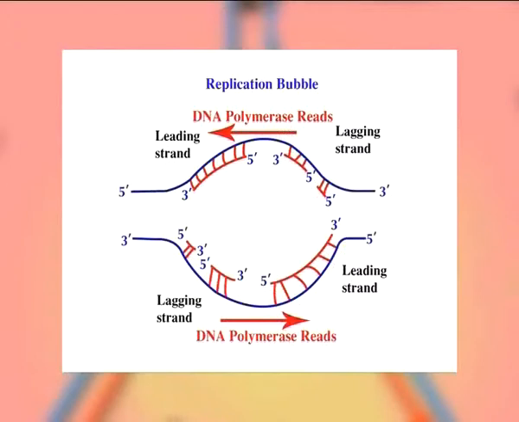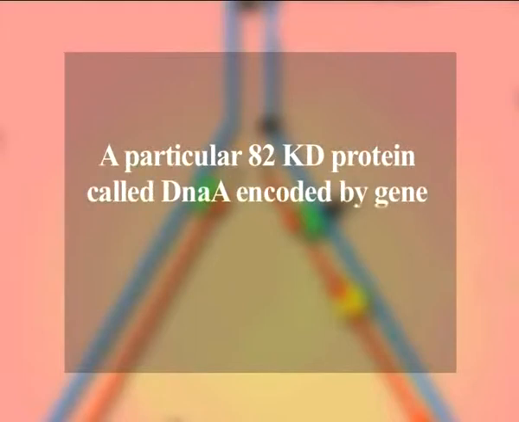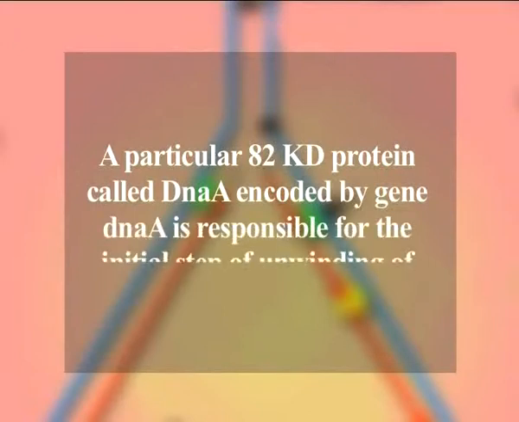A unique sequence at which replication is initiated with the formation of a localized region of strand separation called the replication bubble. The formation of this replication bubble is due to the interaction of pre-priming proteins with oriC. A particular 82 kD protein called DNA-A, encoded by the gene DNA-A, is responsible for the initial step of unwinding of the helix.